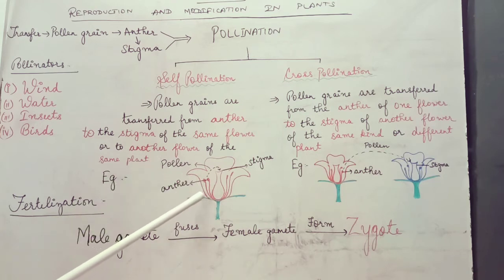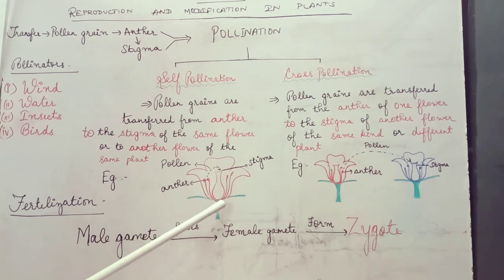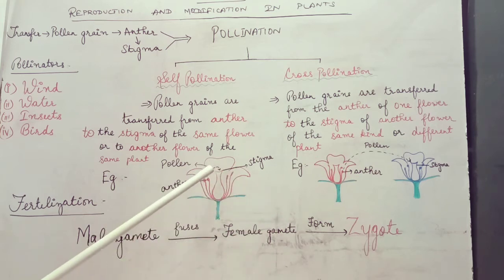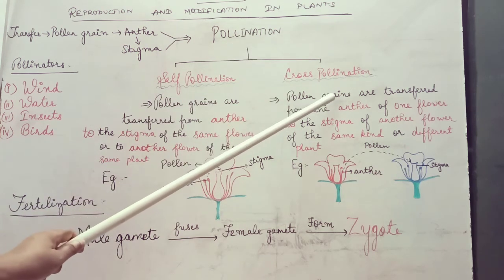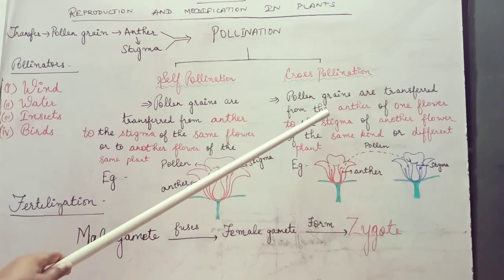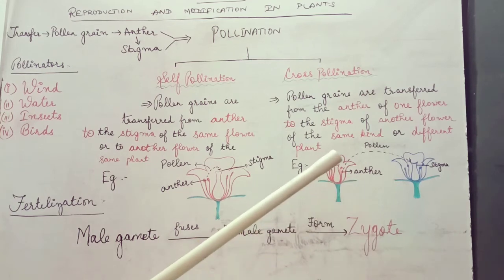See here, from this anther, the pollen grains are transferred to the stigma of the same flower or another flower of the same plant. This is self-pollination. In cross-pollination, the pollen grains are transferred from the anther of one flower to the stigma of another flower of the same kind or a different plant.